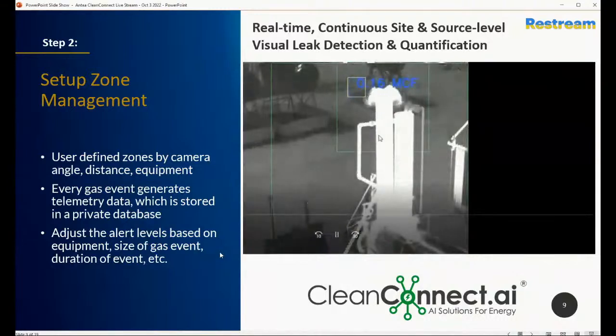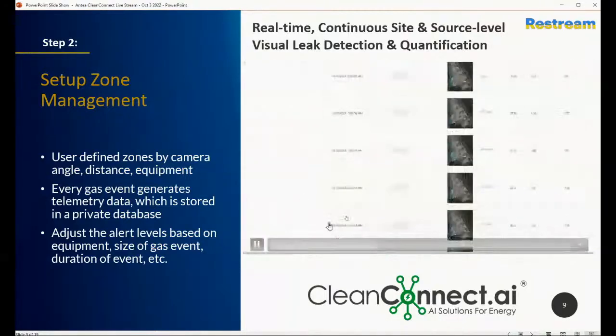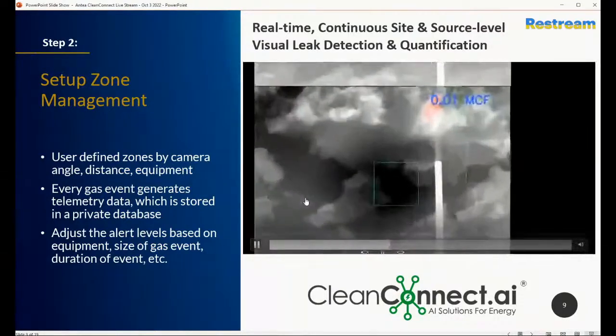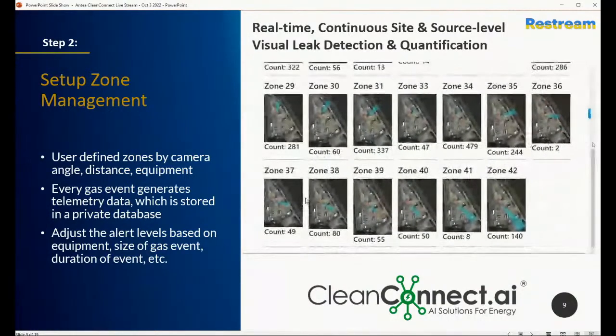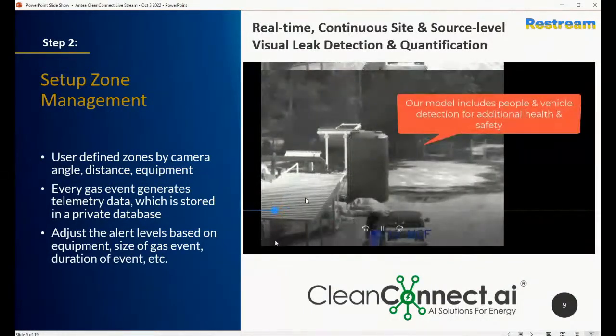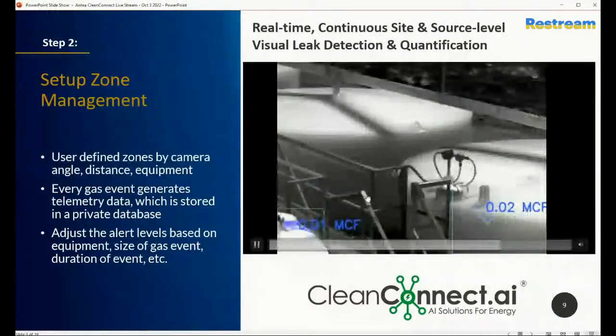So when they get alerts, they know it's this site, this time, this device, this quantification of gas. In addition, our system allows them to put zones of exclusion. So you say, hey, if emissions show up right there at the top of a stack, that's okay. But if they go above that, that's not good. We allow you to set alerts for duration of leak, size of leak, and set multiple levels of alert.